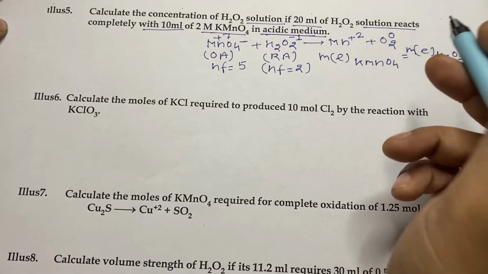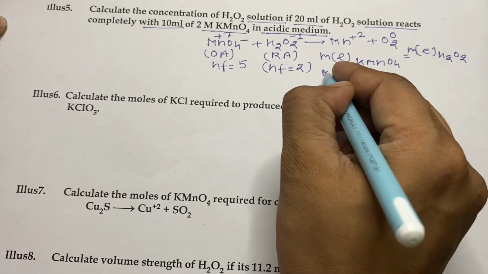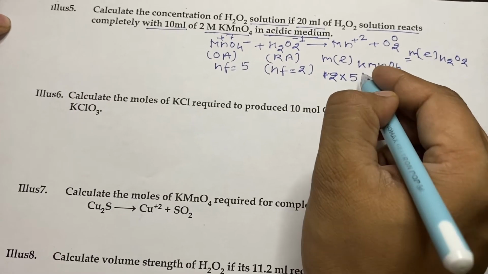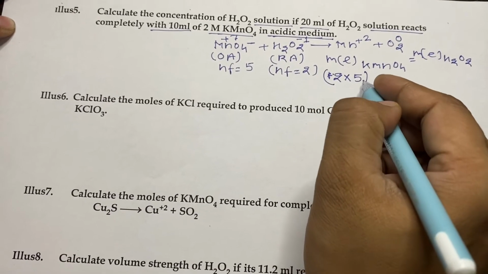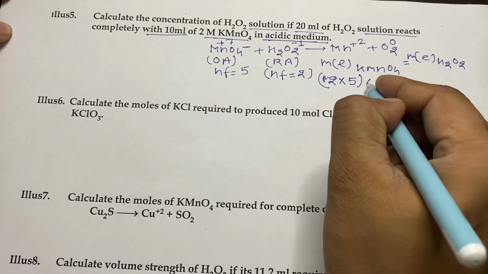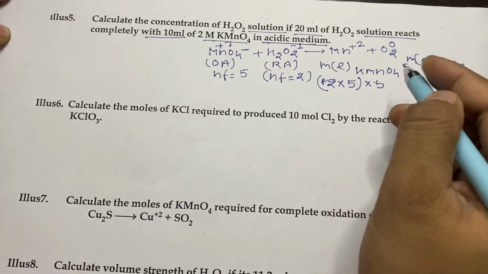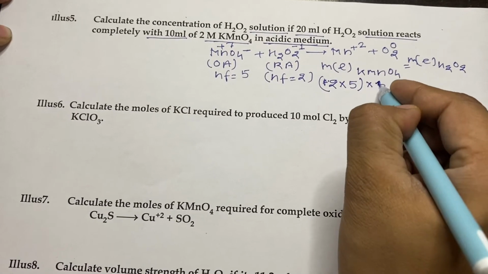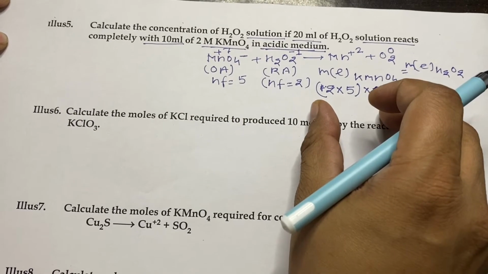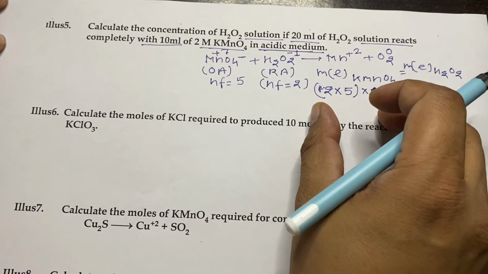So what we can say, 2 is the molarity, N factor is 5, and this becomes normality, and we will multiply this by volume, which is 10 ml, so this is the milliequivalence, right?